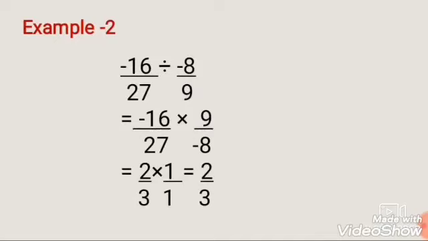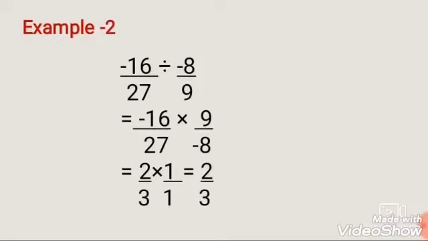The next example is minus 16 by 27 divided by minus 8 by 9. When we change into multiply, we get minus 16 by 27 into 9 by minus 8. When we cancel 9 and 27, in the 9 table, 9 goes 1 time, likewise 27 goes 3 times.